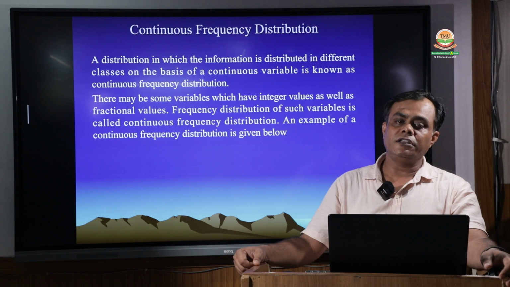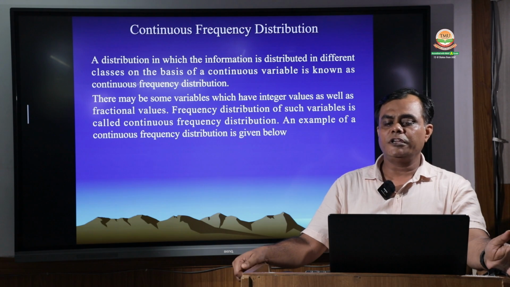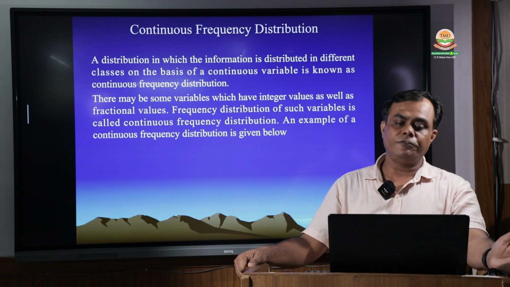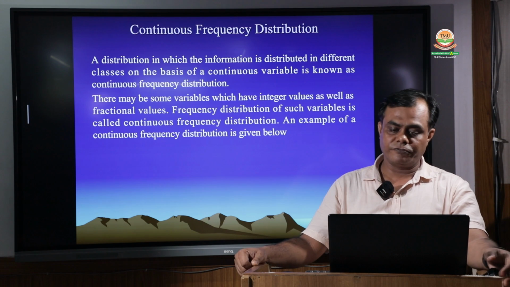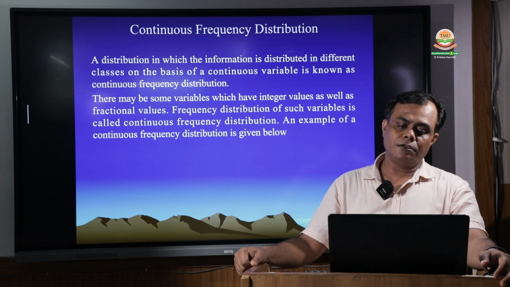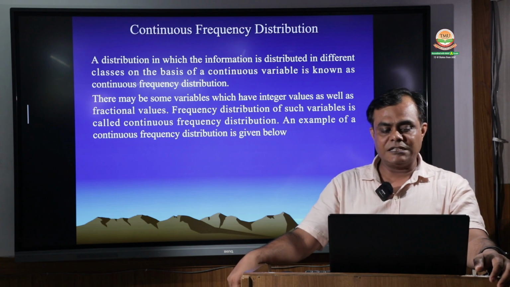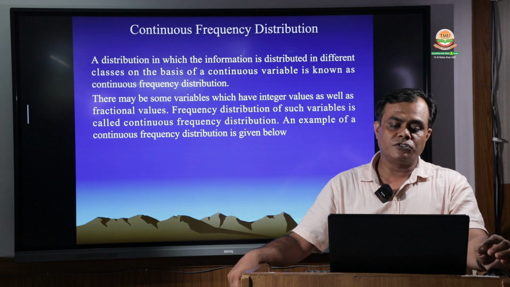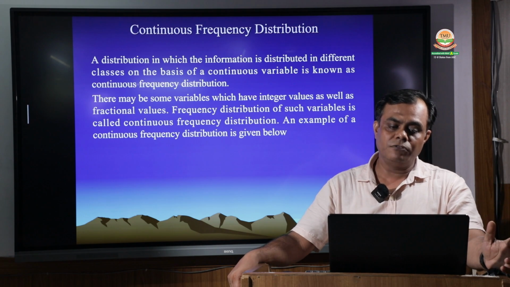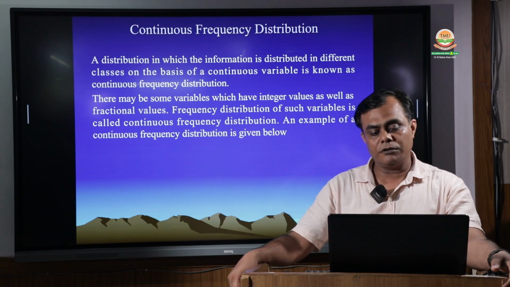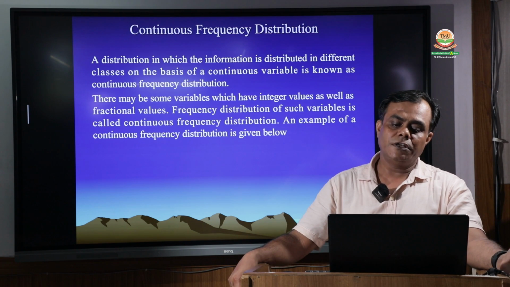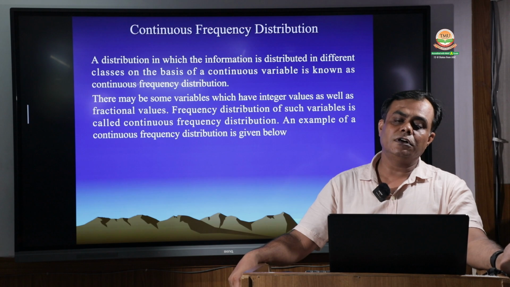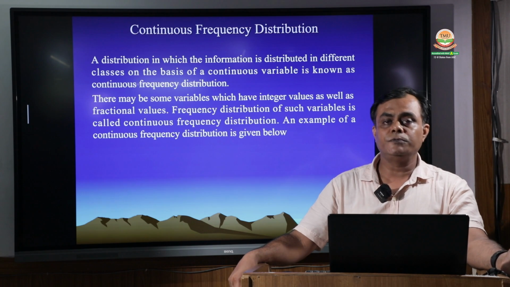Next is the continuous frequency distribution, in which the information is distributed into different classes on the basis of a continuous variable. There may be some variables which have integer values as well as fractional values. So if the value can be an integral value or a fractional value, that type of distribution is called a continuous frequency distribution.